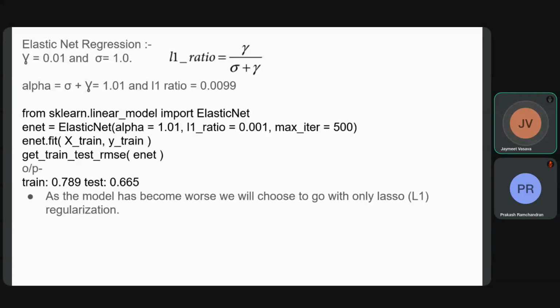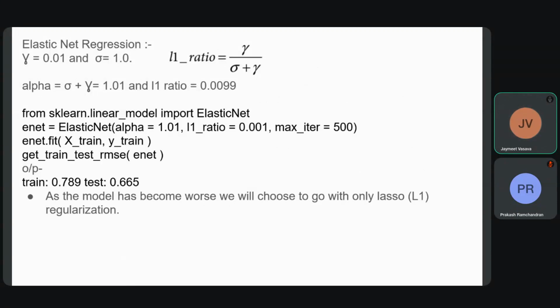So when we take the gamma value of 0.01 and sigma value of 1, our alpha value is 1.01 and L1 ratio gets to 0.0099.